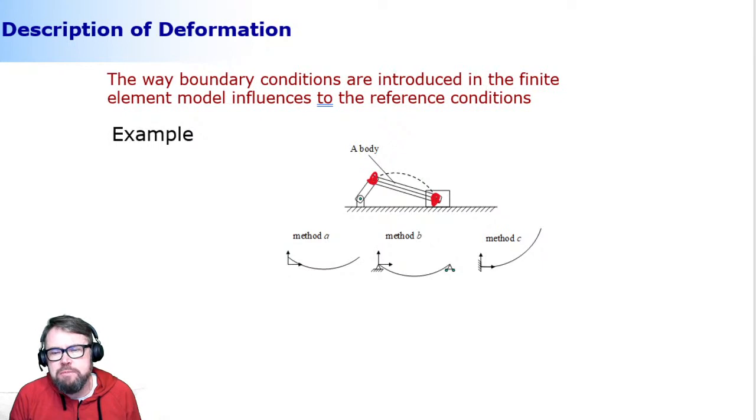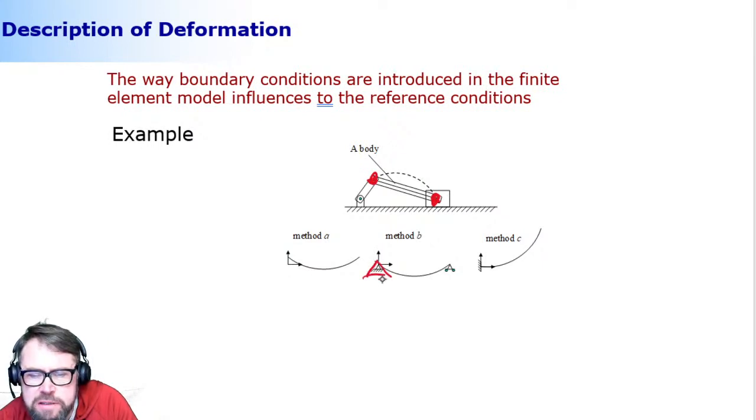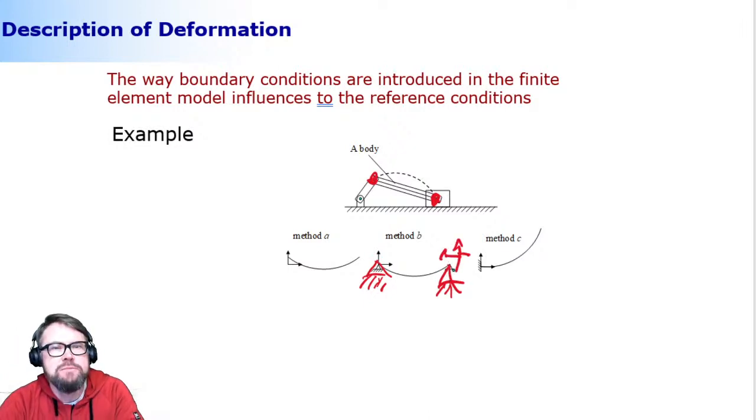Simply supported means that displacement is restricted at this end, and the displacement in the y direction is constrained. Motion in the x direction is allowed. Or finally, option C, you just introduce the fixed boundary condition, meaning that you attach the structure to ground by a fixed joint. Which one should you use?